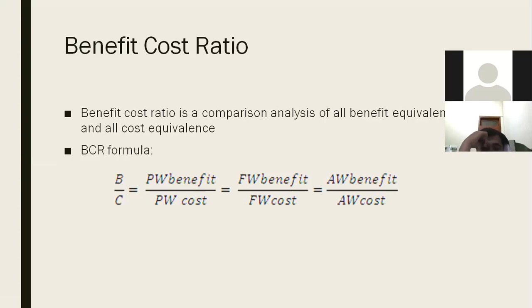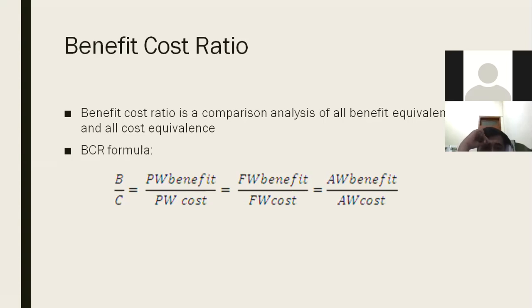Okay, and the aim of that tool is different. In benefit cost ratio, we emphasize the benefits of something. So you have to decide whether this project is gaining more profits by picking that method.